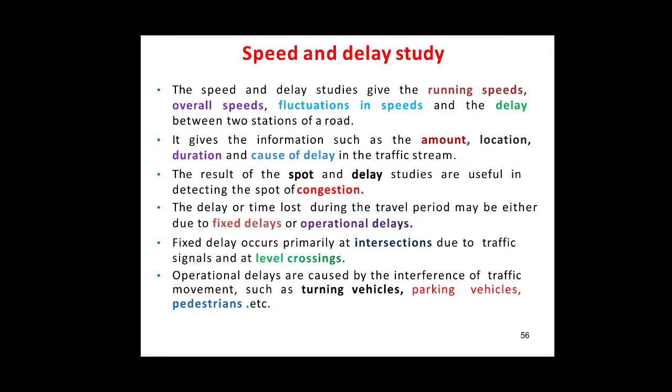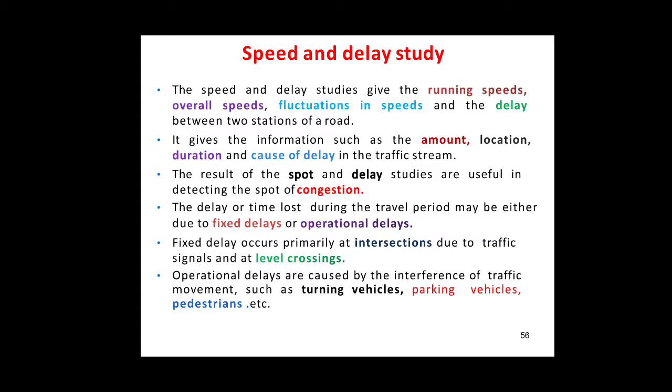The results of these speed and delay studies are useful in detecting the spots of congestion, or the actual spots where there is traffic congestion or delay in the movement of the vehicles. And this delay, or the time lost during the travel period, may be due to fixed delays or operational delays.